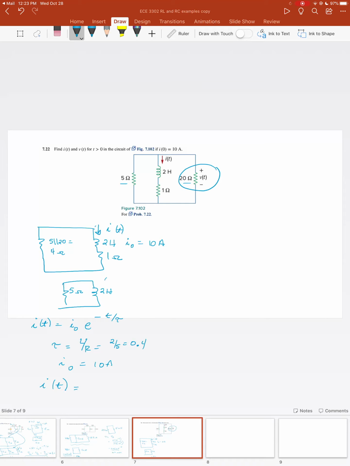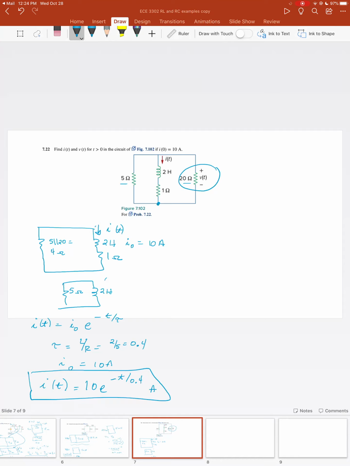So I of t is what? It's 10 e to the minus t over 0.4 amps. So that is my inductor current.